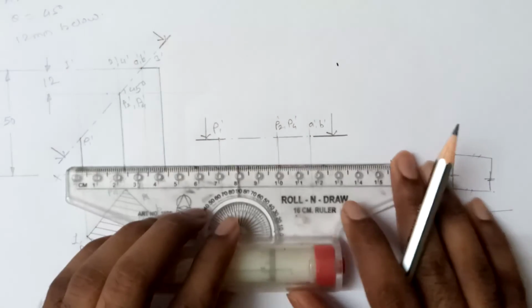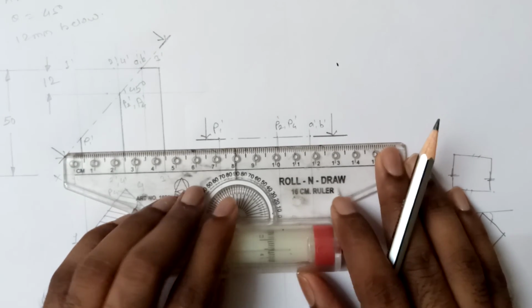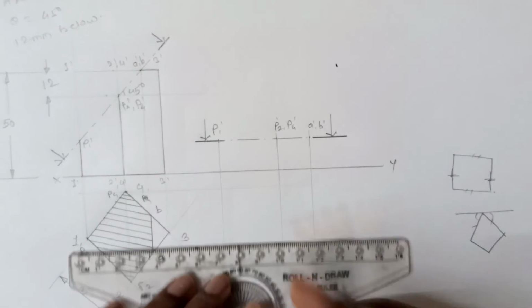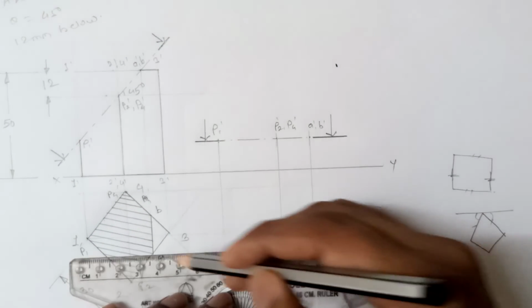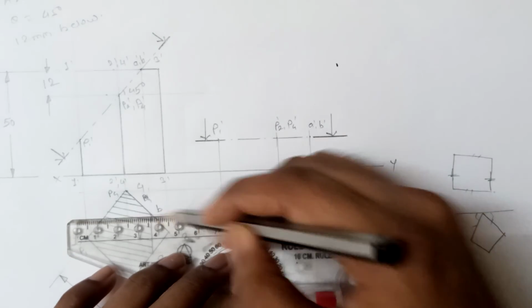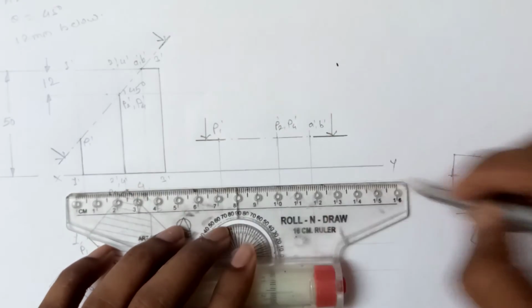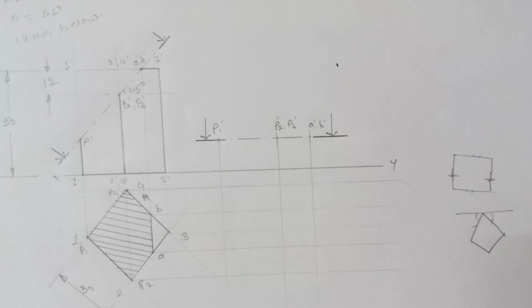Okay, similarly take the projection from the top view of all the 5 points. We start from P1, P2, A, B and P4. Okay, got it? Now mark the intersection points P1 dash and P1.